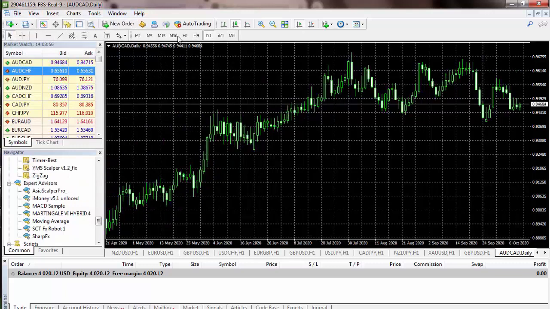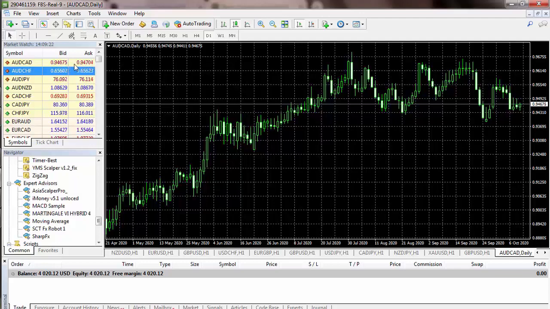Then we're talking about the, but before we go there, let's just talk about the market watch. Now we have the market watch here. The market watch is where you find all the currency pairs, and you have the bid and the ask. The bid is always lower than the ask. The difference between the two is the spread, which is the commission the brokers always take.